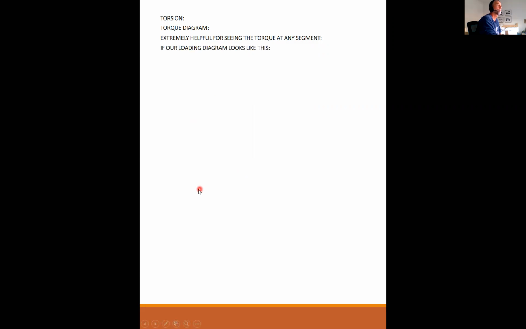If our loading diagram looks like this, okay, so here's a bar of different size segments, and I have different loadings applied at various places. This segment is 15 inches, this segment is 9 inches, and just for the sake of clarity, I only put the applied torques at the terminals of these different segments for simplicity.